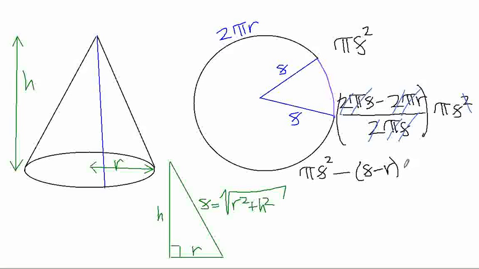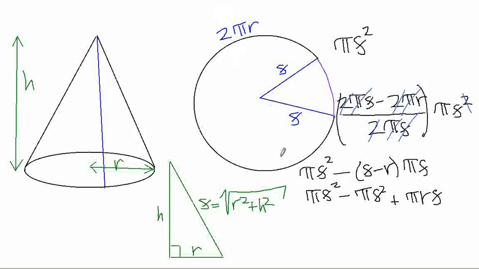So s minus r times pi s, and that gives pi s squared minus, if I distribute the pi s now, minus pi s squared plus pi r s.